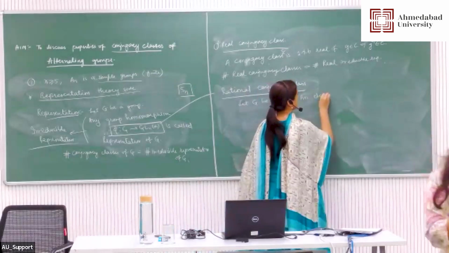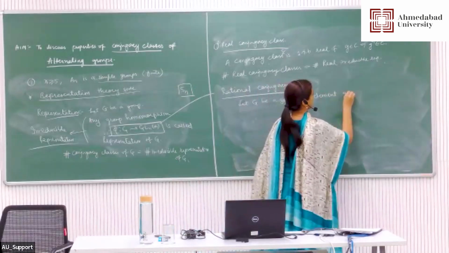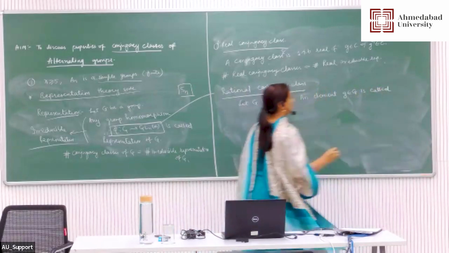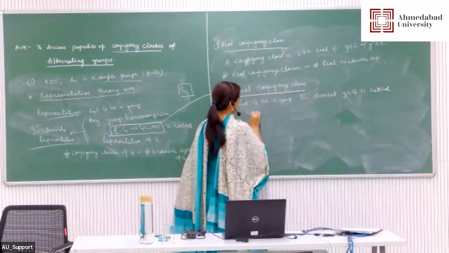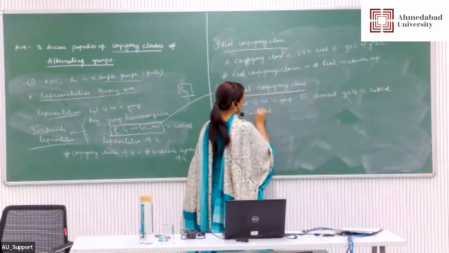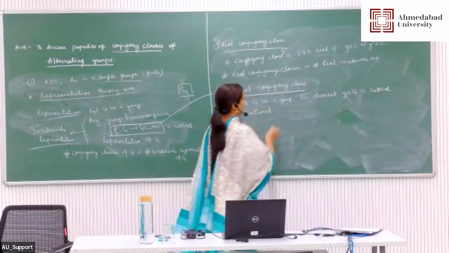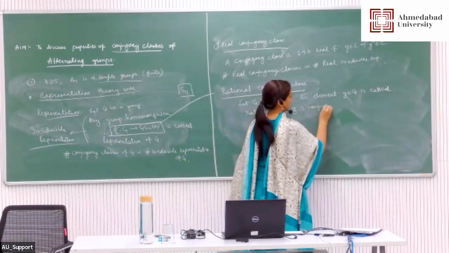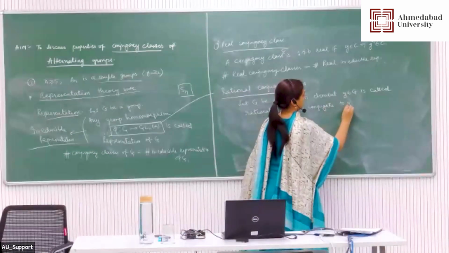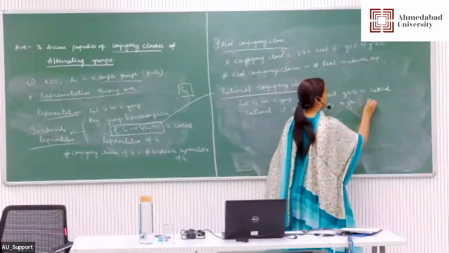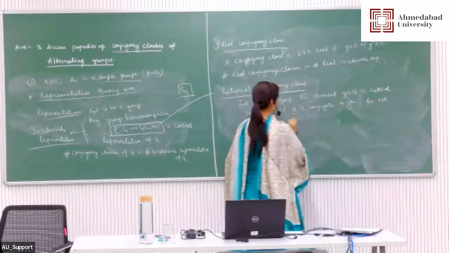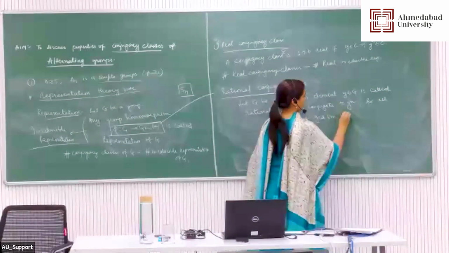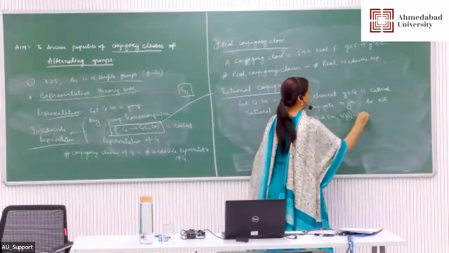An element g belonging to G is called rational if g is conjugate to g^n for all n such that the GCD of n and the order of g is one.